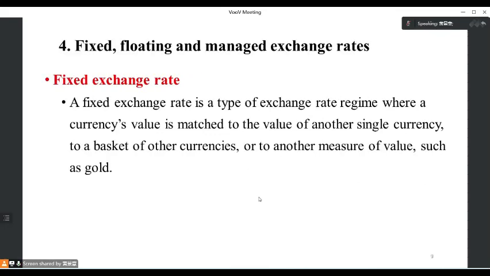Let's go on. Fixed, floating, and managed exchange rate. Fixed exchange rate. Let's see. Fixed exchange rate is a type of exchange rate regime where a currency's value is matched to the value of another single currency, to a basket of other currencies, or to another measure of value such as gold.